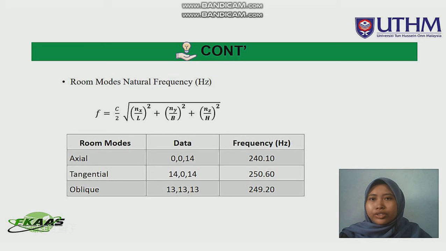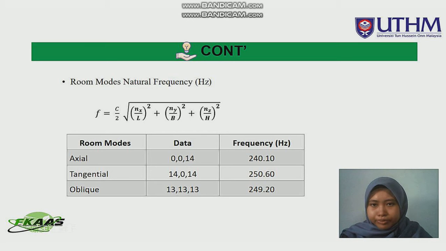Next, for the room modes natural frequency, this is the formula used to calculate the frequency of room modes. There are three types of room modes, which are axial, tangential, and oblique.